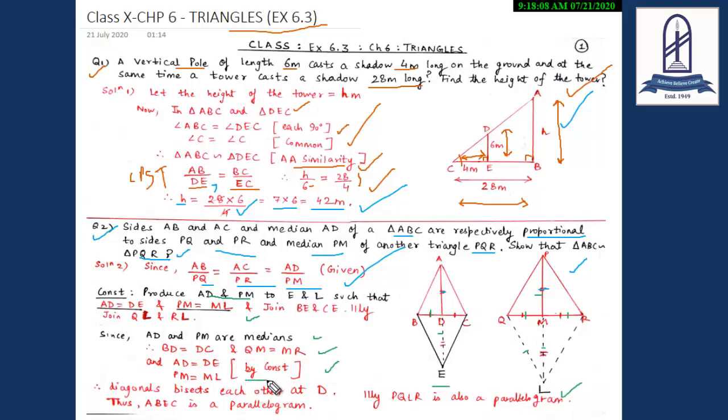So, students, as you can see, in both these two figures the diagonals bisect each other at points D and M. So in ABEC, you can see that diagonals AE and BC bisect each other at D. So we know that if in a quadrilateral the diagonals bisect each other, then it is a parallelogram. Therefore ABEC is a parallelogram. And similarly, for PQLR also, it is a parallelogram, as here also the diagonals bisect each other at point M.